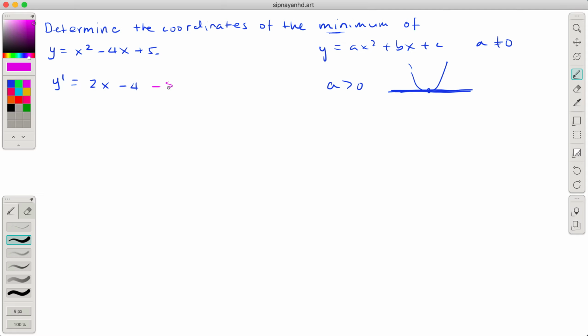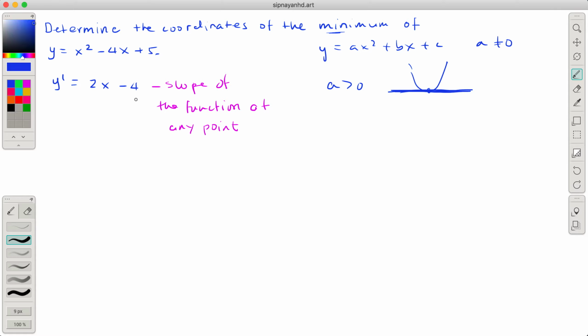Now, we want to find the value of x where the slope is equal to 0. So, this is the slope of the function at any point. Hahanapin natin, dahil nagbabago yung slope depende kung saan yung point mo, yung ang slope ay equal to 0.